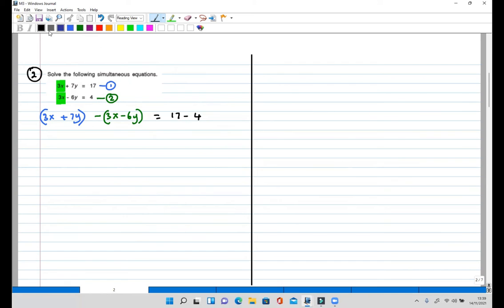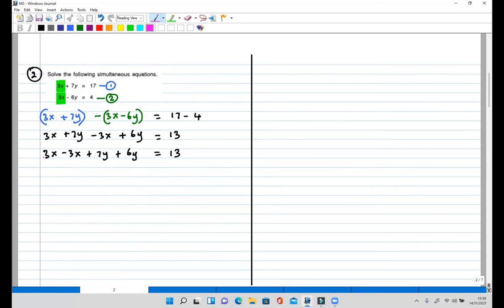Okay, now we go ahead and have 3x plus 7y minus 3x plus 6y. A negative times a negative. That's why we are using plus. So 17 minus 4, this will give us 13. So we have 3x minus 3x plus 7y plus 6y. This will give us 13.